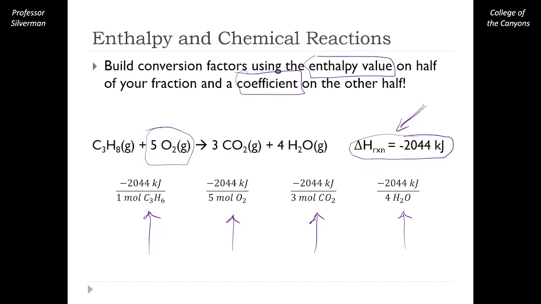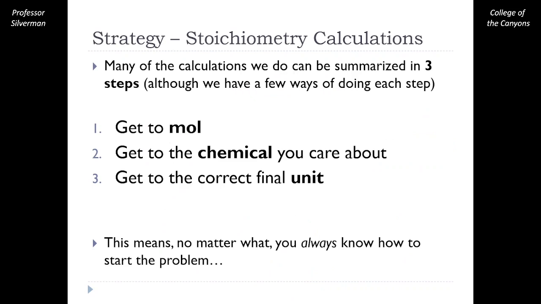These conversions are useful. It allows us to convert from heat to the number of moles. Or put another way, we have another tool to get to moles in our 3-step calculation. Not just molar mass and Avogadro's number, but now we can also use the heat of our reaction, or the enthalpy of our reaction.